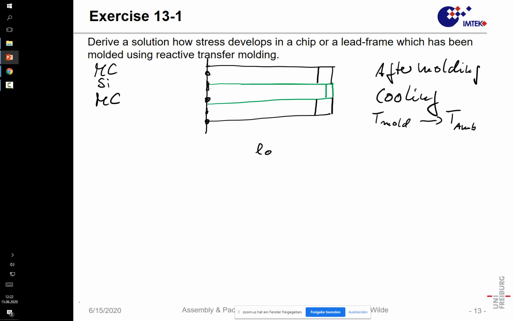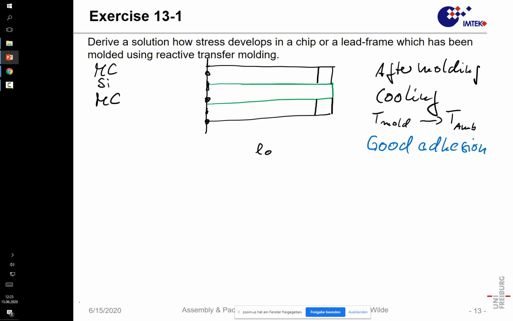No, it will not bend. Okay, go ahead. If you have good adhesion, the molding compound on the surface where it touches the silicon will stay, but it will shrink on the top, so there will be a tension in the molding compound.